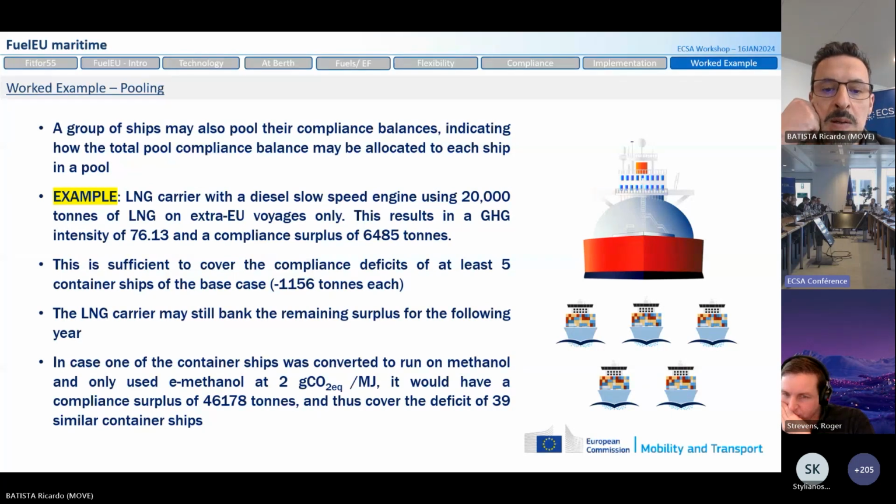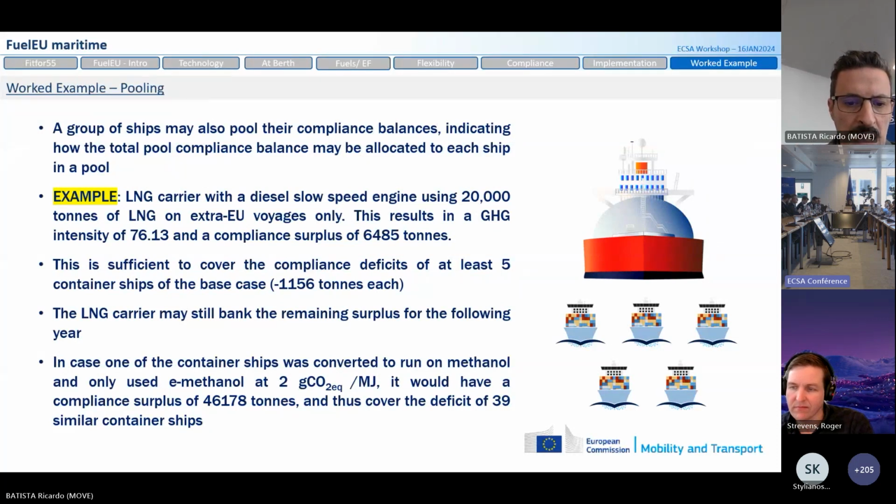So you see here a significant 6,000 and close to 6,500 tons of compliance surplus, which will give enough surplus to bring 5 container ships which do nothing to comply other than paying to comply under a pooling arrangement, or if the same fleet that can be brought into the pooling within the same fleet.